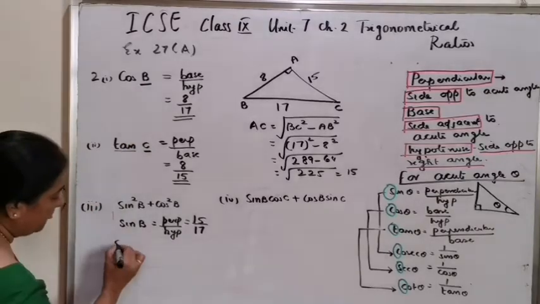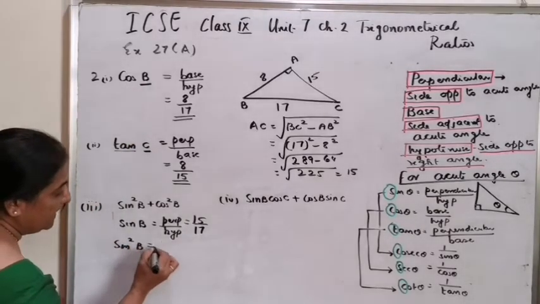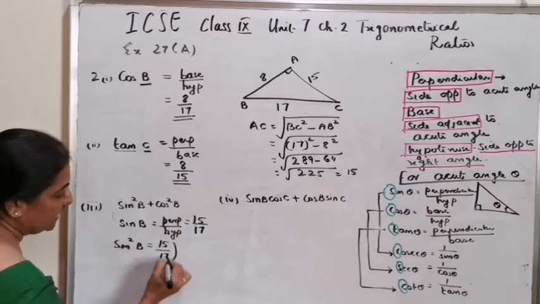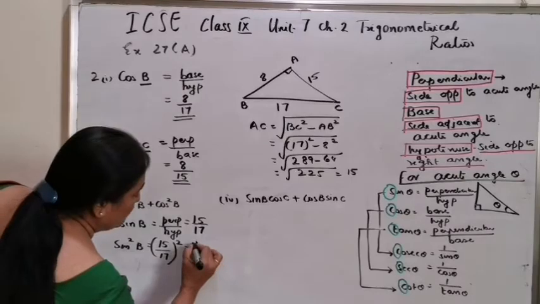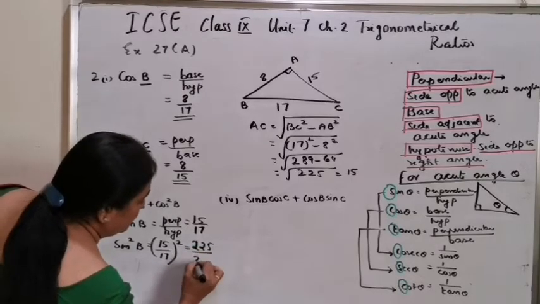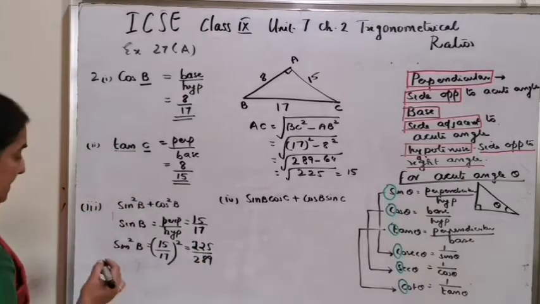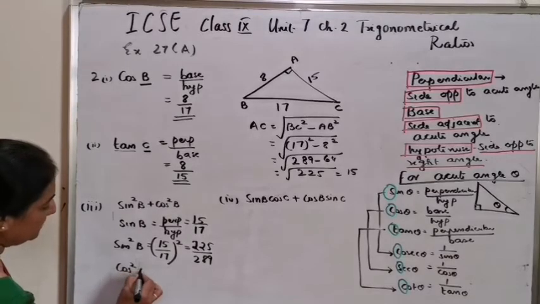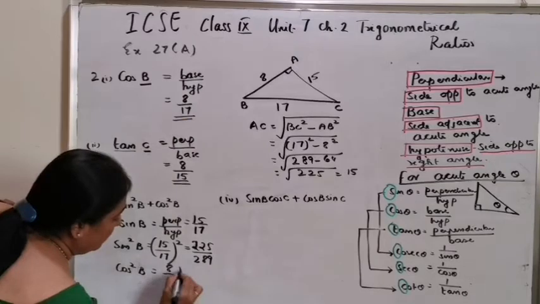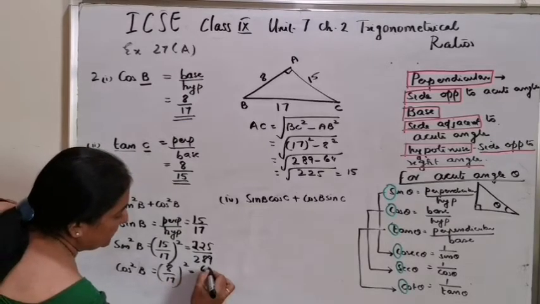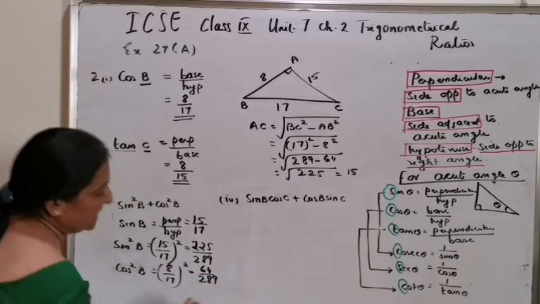Sine square B means 15 by 17 the whole square, which is equal to 225 by 289. What is cos square B? It is the same as 8 by 17 the whole square, which is equal to 64 by 289.